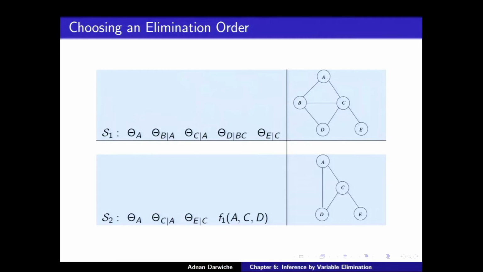And that would be the width of the order. We're good? Okay. Now, this is nice because it tells me something about the complexity of running variable elimination with respect to a particular order. But our main objective would be, how do I choose a good order to start with?